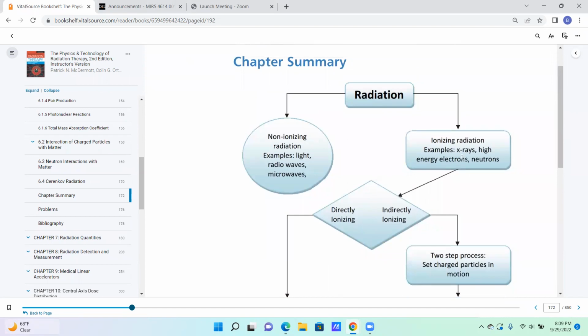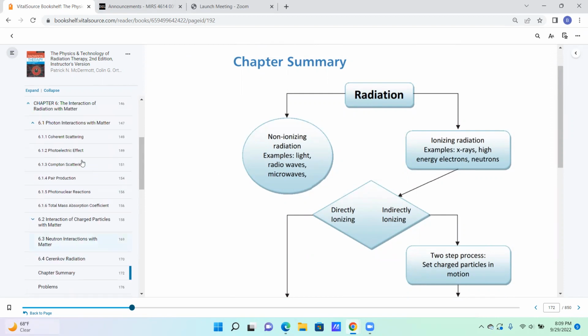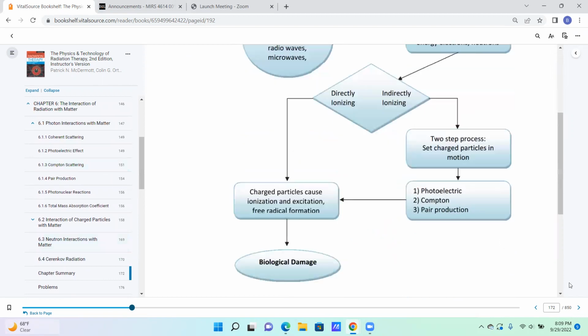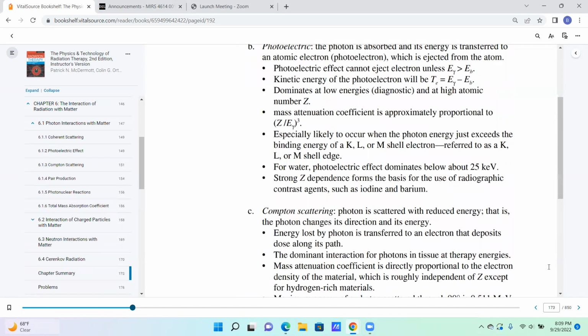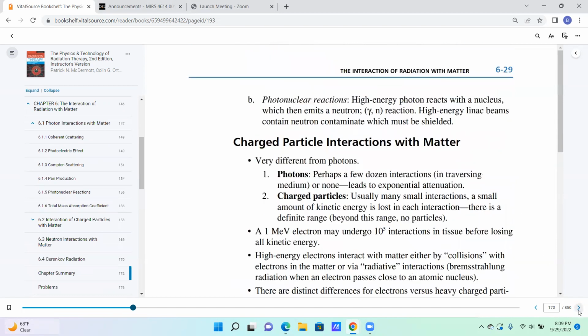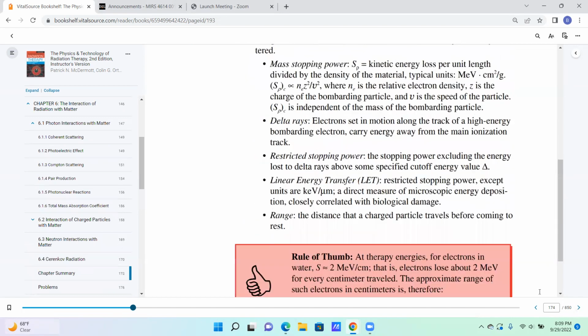So these are the types of things that can go on once radiation is present inside someone. This flow chart, along with the information that comes after it, these are going to be the important things that you will need to remember.